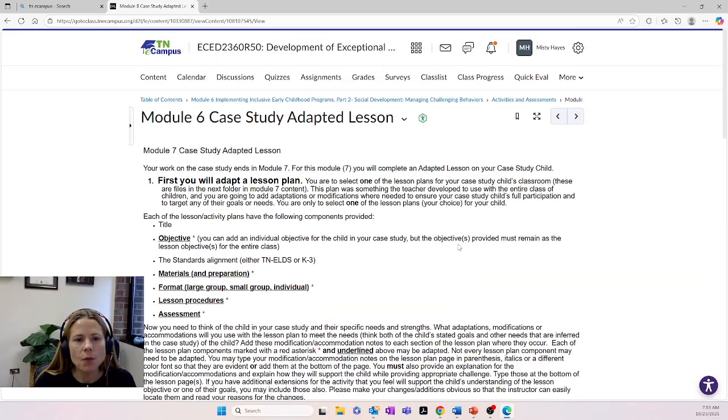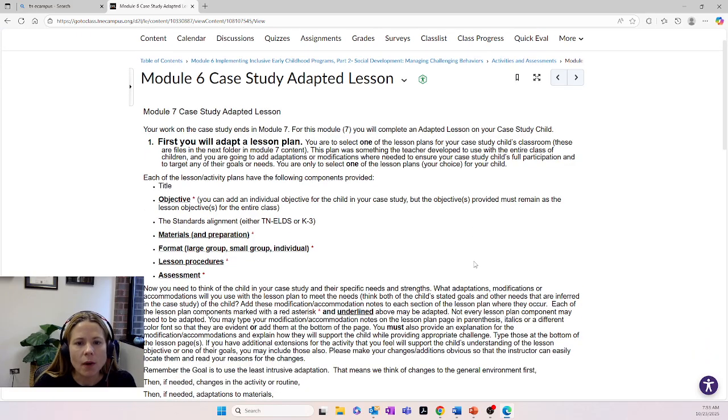Now, whenever you are adapting a lesson plan, you have to realize that there are different components in it that might be better suited to make adaptations. You have to first look at the objective, okay? You can add an individual objective for the child based on their goals if you want, but the objective that is there in the lesson plan for the entire class cannot be changed.